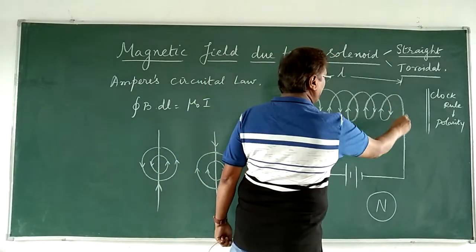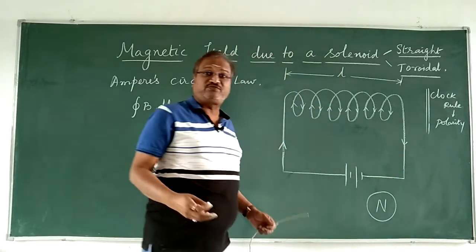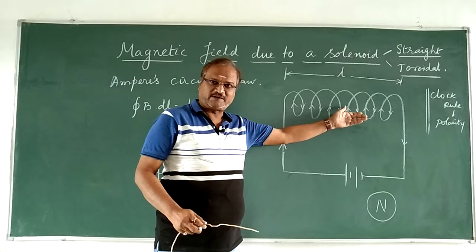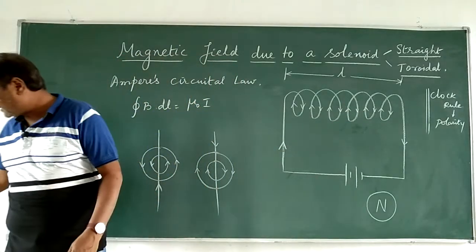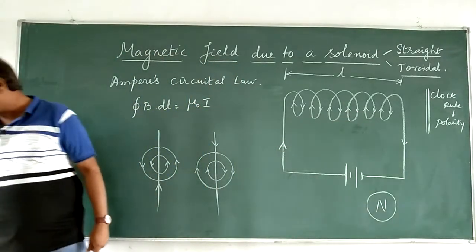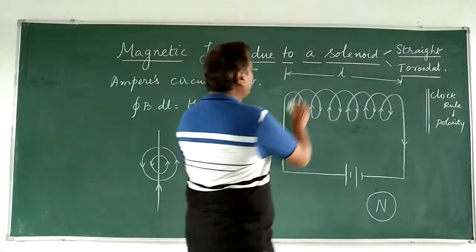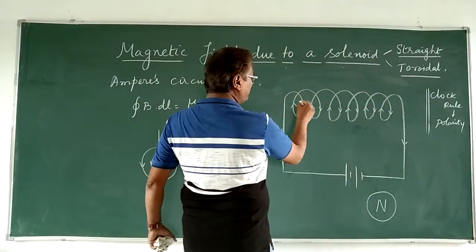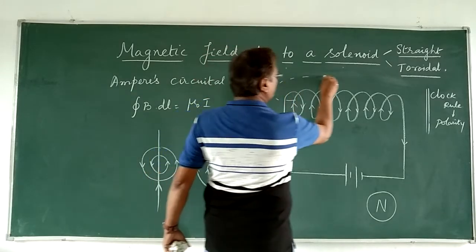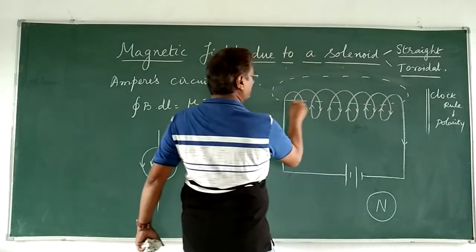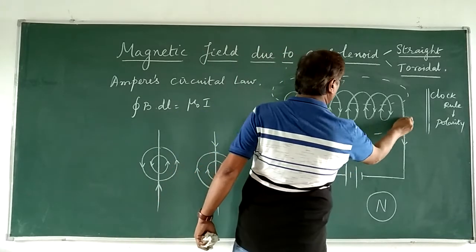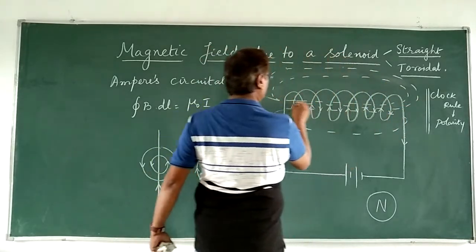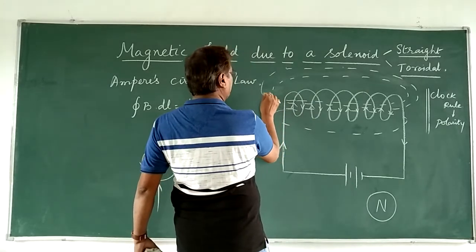A magnetic field is produced around this solenoid. You will find that the magnetic field produced will be somewhat like this. Let me erase this. Diagram is more important. This will behave more or less like a bar magnet. You see, magnetic field is produced. Again, magnetic field is produced. Two lines will never cross each other.